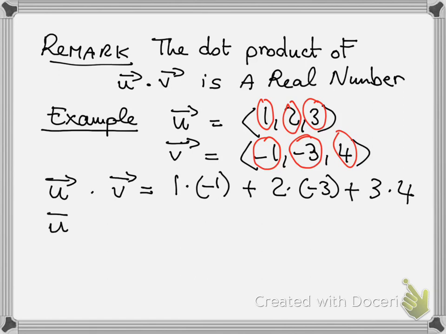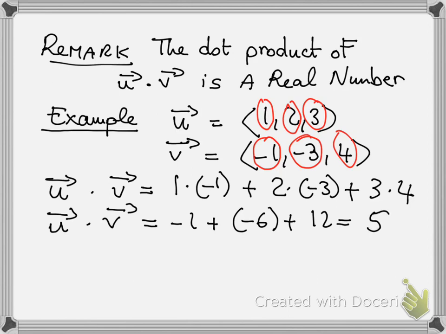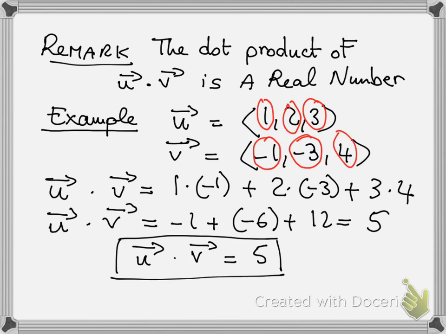So u dot v is equal to -1 plus -6 plus 12. That's -7 plus 12, so that's 5. So u dot v is equal to 5. So the answer is a number. It's not a vector. Again, it's a number.